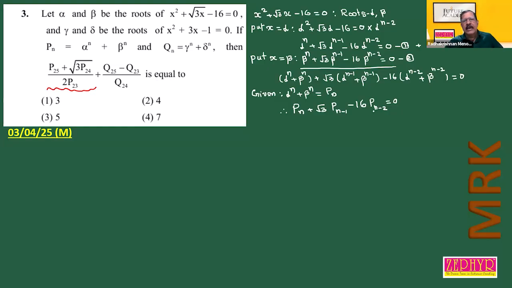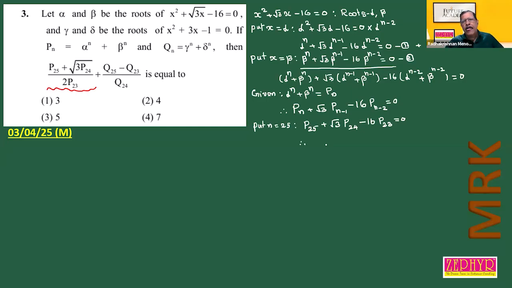So when you put n equal to 25, we are getting P25 plus root 3 into P24 minus 16 into P23 equal to 0. So we can find out the value of this expression.